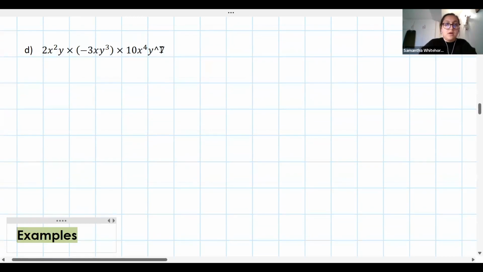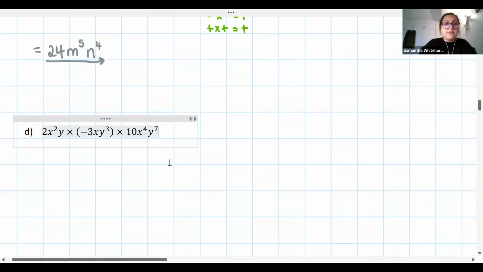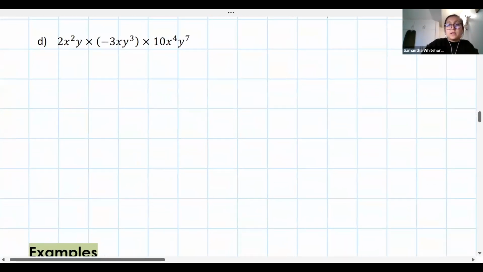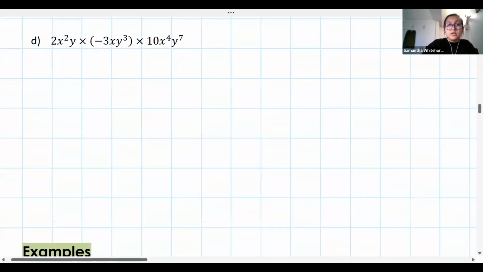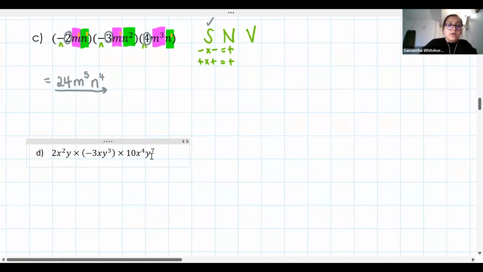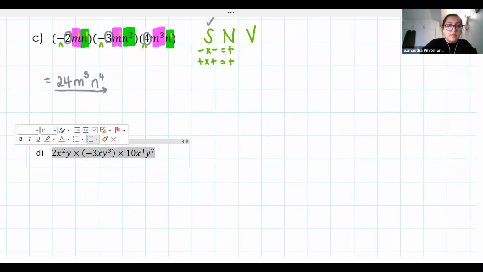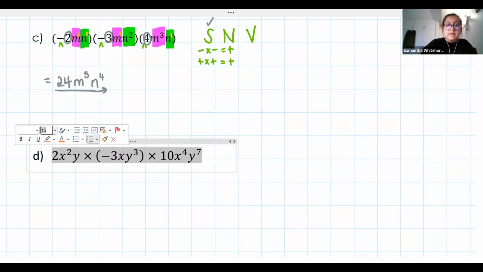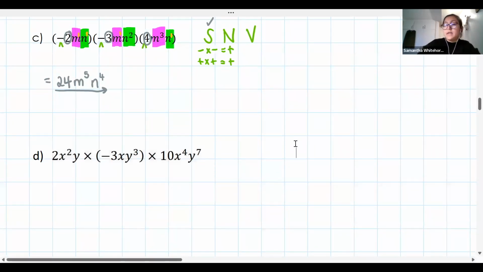Right, guys, so I want you to try D here for me. Try it by yourselves. I'll make this a bit bigger. I will go back to question C for you to take screenshots. So try question D. I will make the font bigger, seeing as I've now made it smaller. And on the chat, let me know what you get as your answer there.